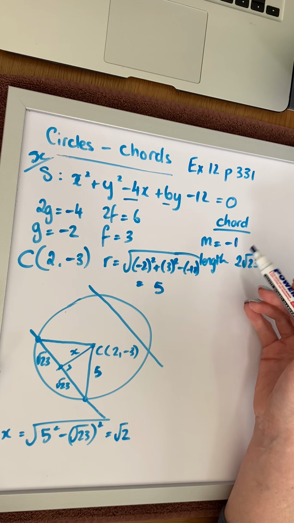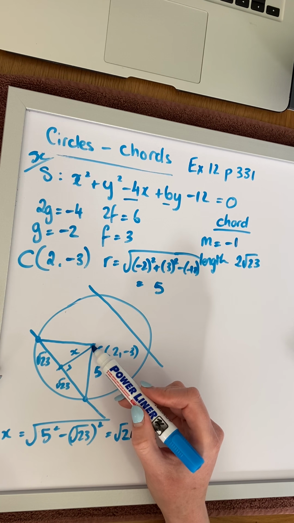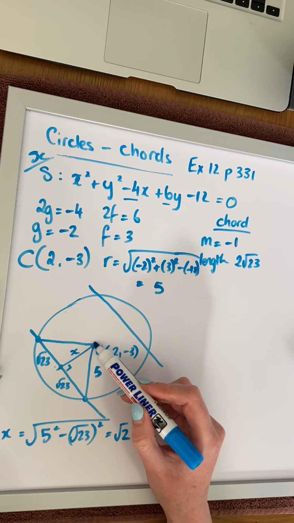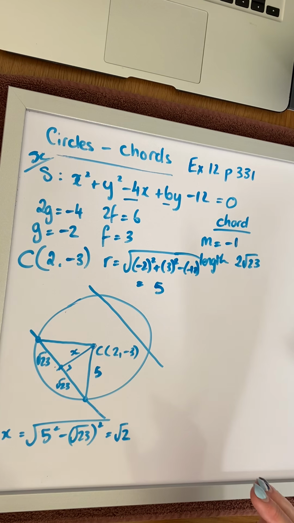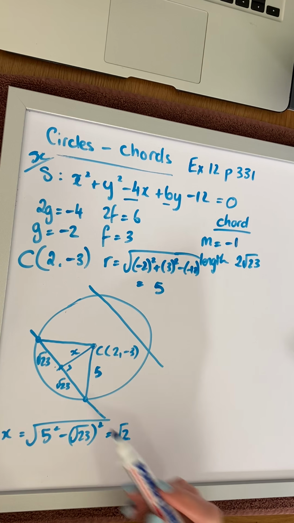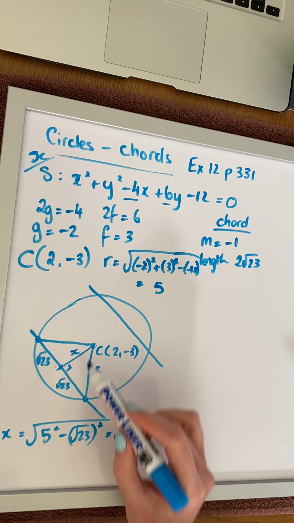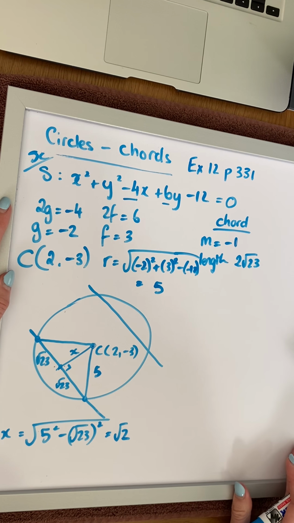So we now know that we have a chord of slope -1 and its perpendicular distance away from the center is root 2. So here's where we have to connect our coordinate geometry of the circle and coordinate geometry of the line. Because we know that the perpendicular distance from the center to the line is root 2, we can use the perpendicular distance formula.